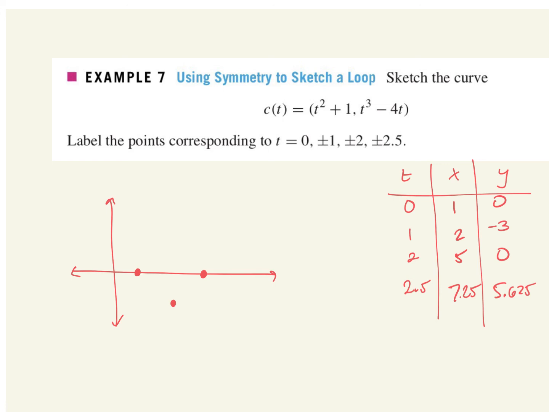And then when t is 2.5, I'm going to have 7.25 and like 5.6. That's a little bit off. Okay, so I start with that portion. Okay. And they're suggesting that if I put the negatives in front of here, right, like what will happen?